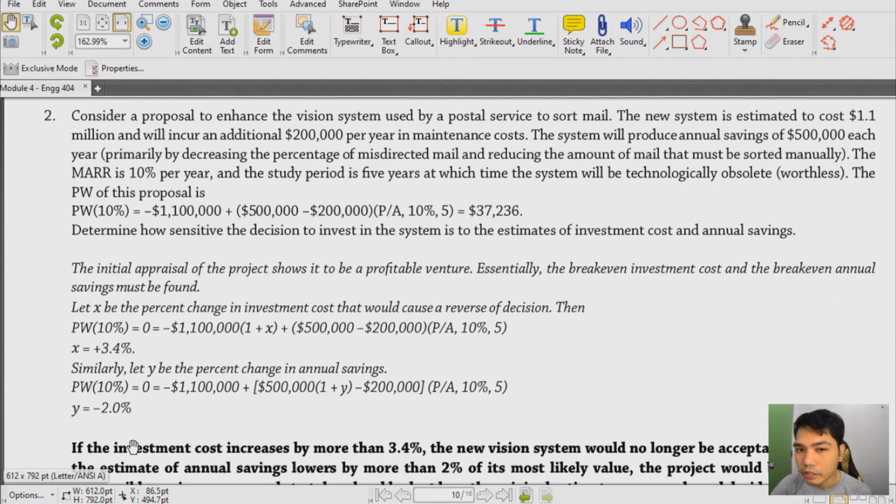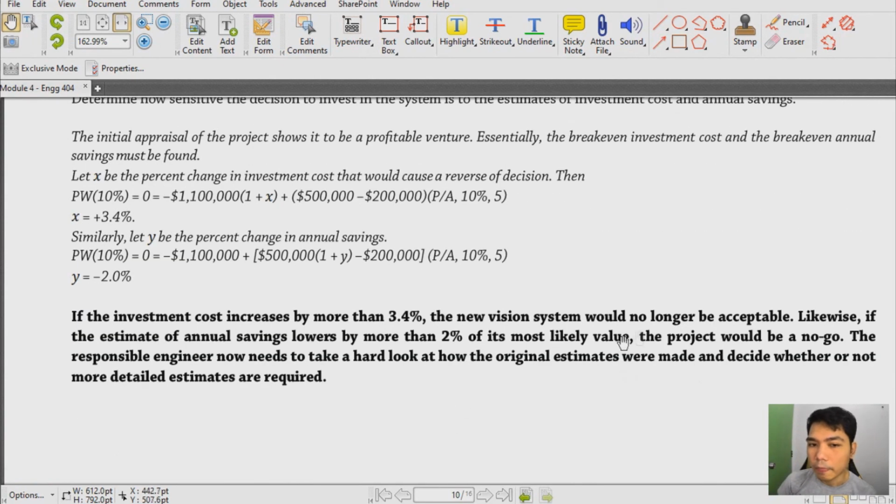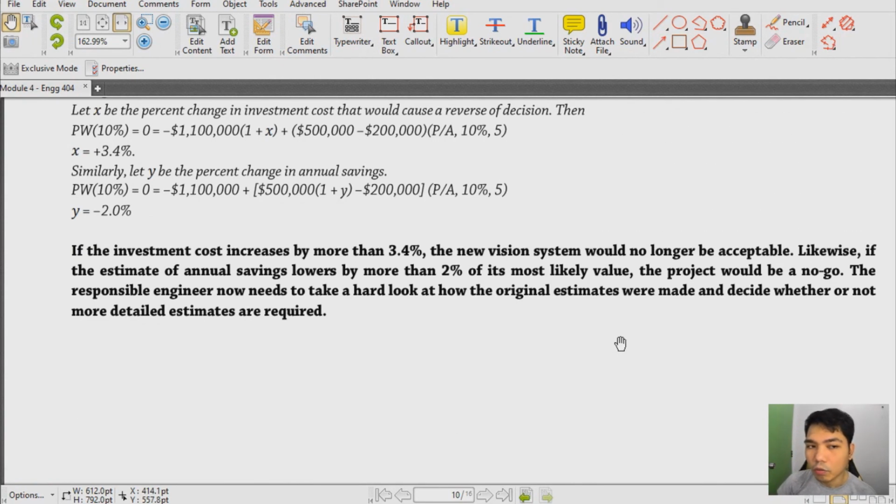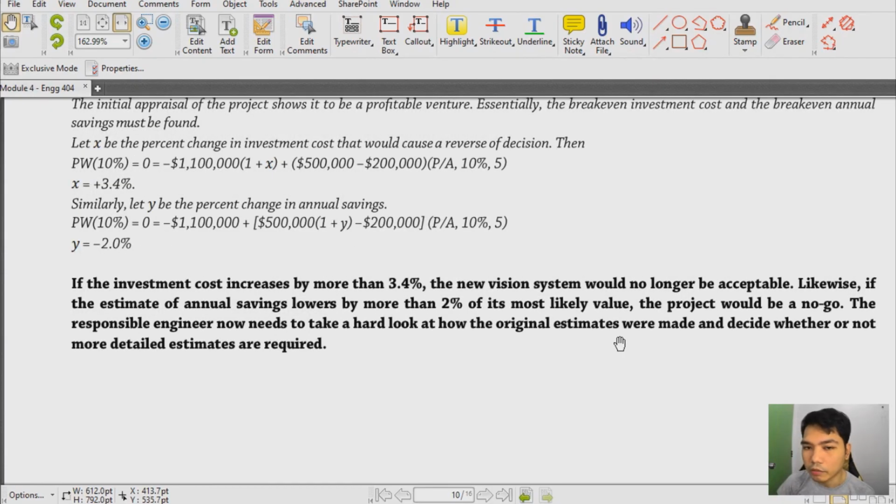And for the annual savings, we can let the savings decrease by 2%. Pero hanggang dun lang yun kasi any point wherein mag-decrease pa siya below 2%, yung annual savings natin would cause decision reversal. So, ganun yung atin sa sensitivity. Basta beyond or below, kung negative siya, di below nun, and then kung positive siya, above nun. So, we're avoiding that in the sensitivity analysis.